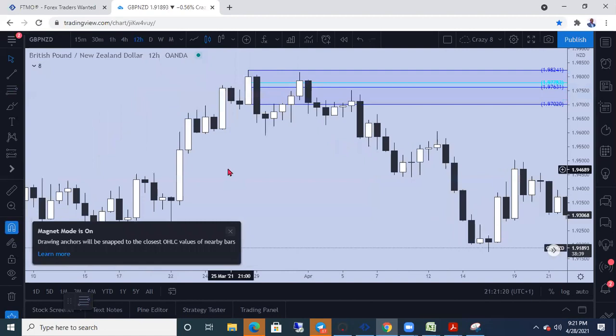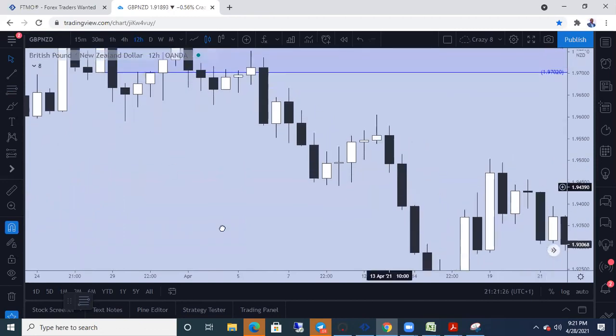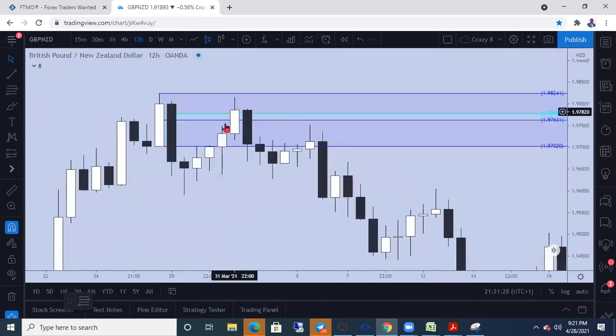If you have made up your mind that you want to go in for a sell, when price closed above the PE, we say that our sell bias has been invalidated.